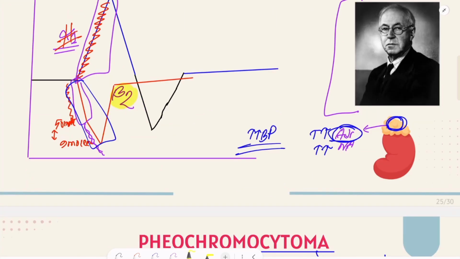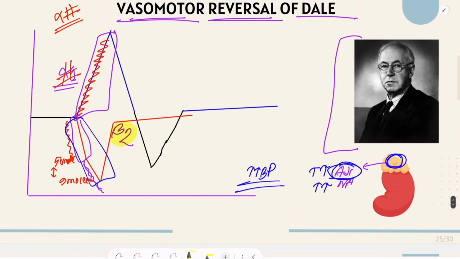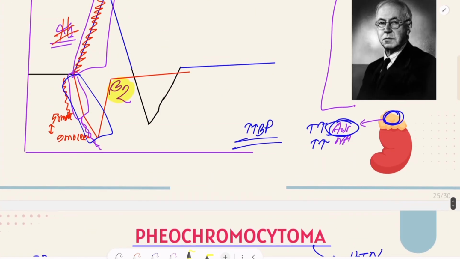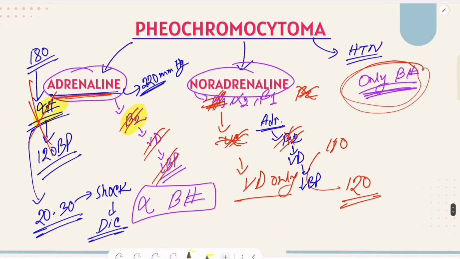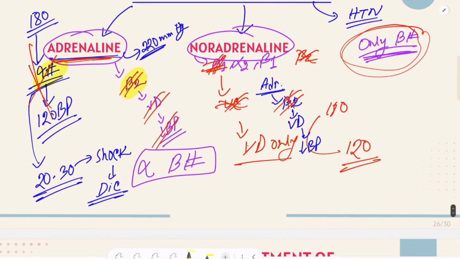When we block alpha 1, only beta 2 is stimulated, which causes vasodilation and decreases blood pressure. So we block the beta action as well. Thus, administering both alpha and beta blockers will prevent vasomotor reversal from occurring. So alpha plus beta blockers should be given in adrenaline producing pheochromocytoma.